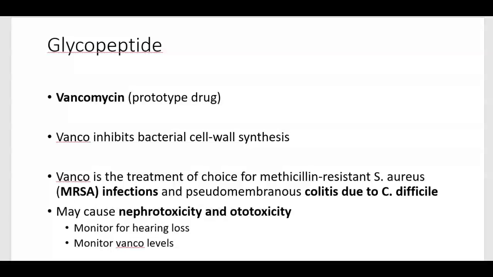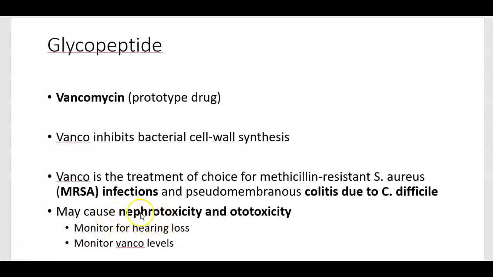With the other ones I said I'm not worried about you recognizing the different types of infections that it treats. For vancomycin, I want you to know that it is the treatment of choice for MRSA infections, as well as pseudomembranous colitis due to C. diff. It may cause nephrotoxicity and ototoxicity.